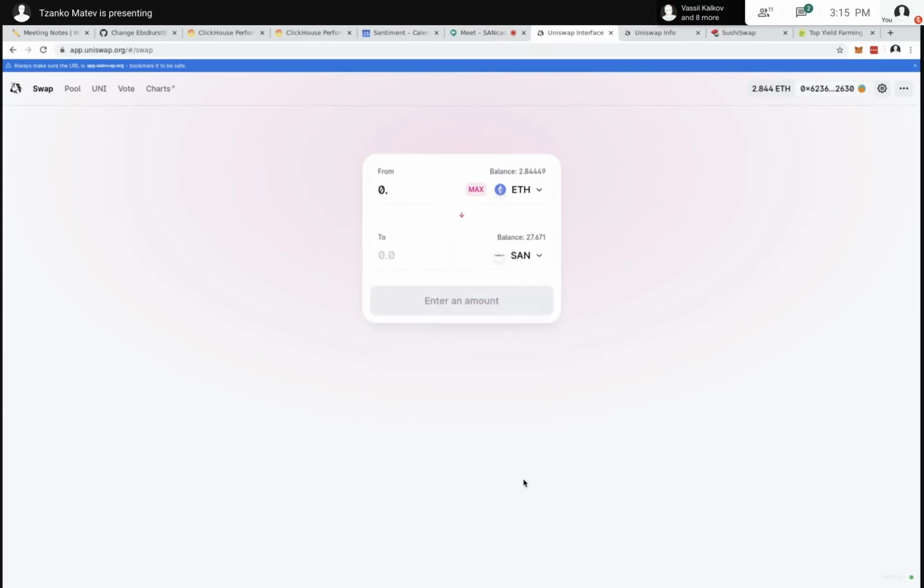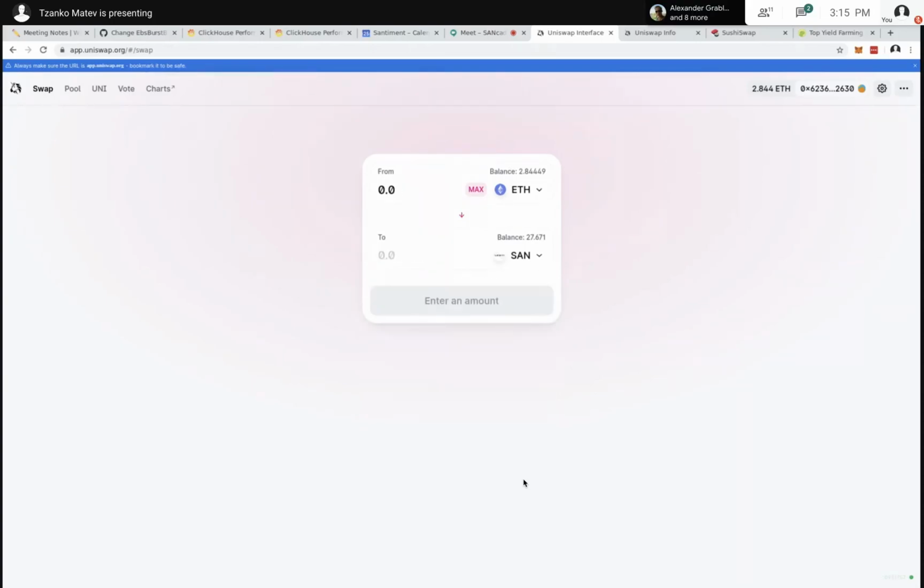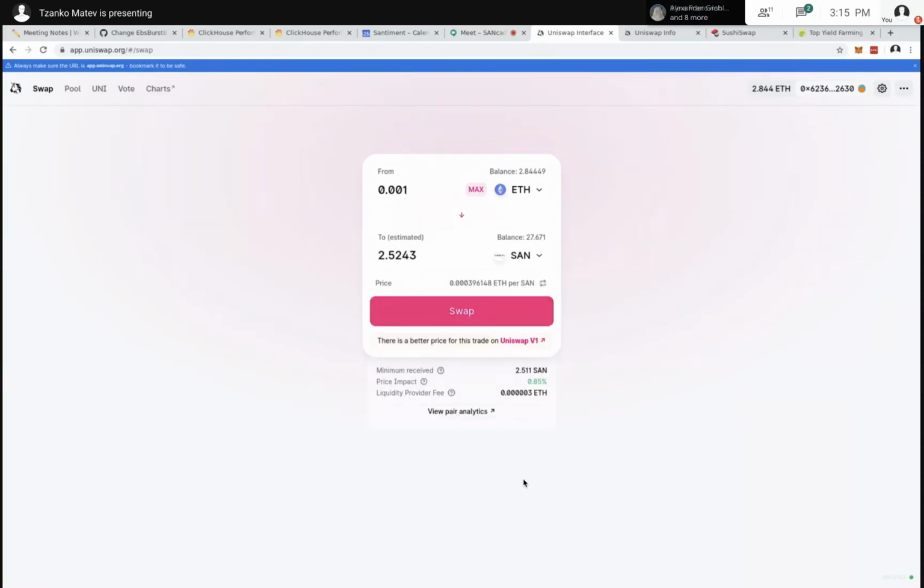This liquidity pool is actually very small. For 0.018, I can get 23 Sun with some price impact. Not too good, but not too bad either. But to not affect the price too much, I will need to exchange a very, very small amount.